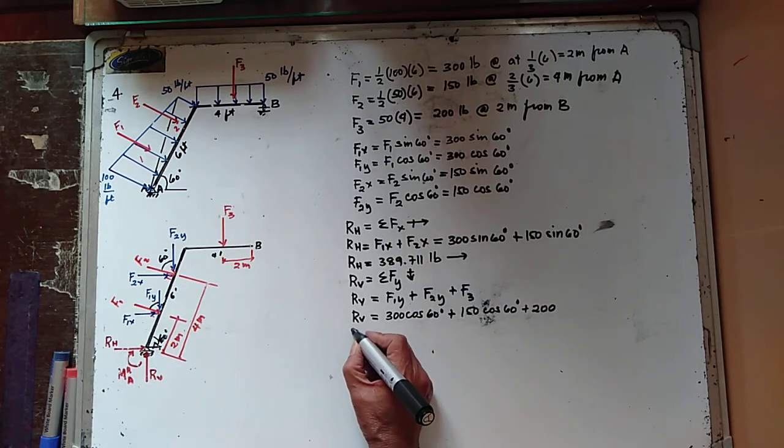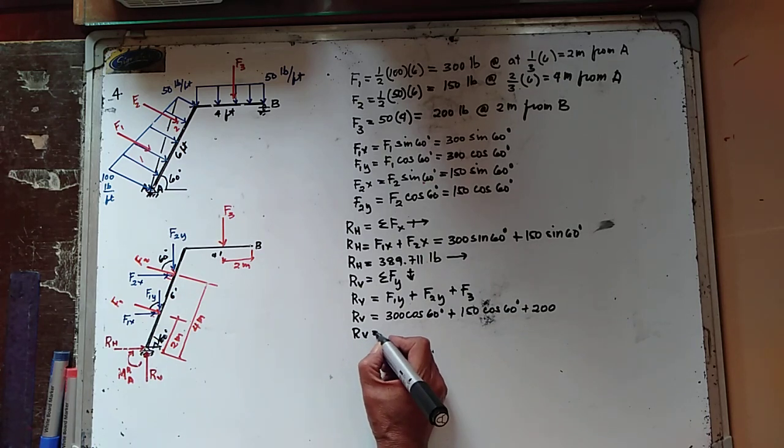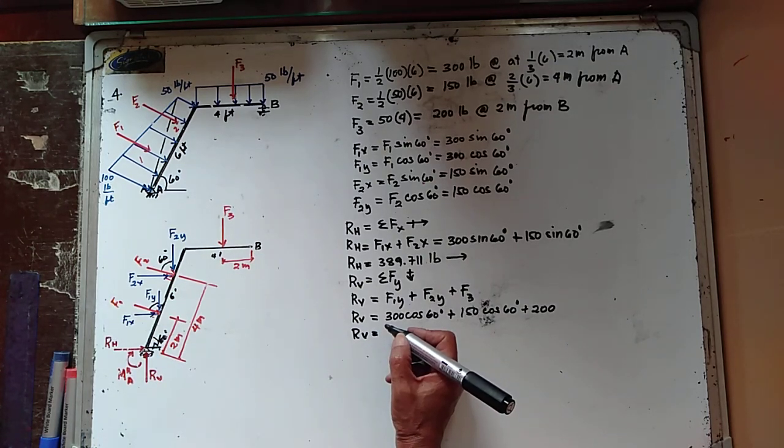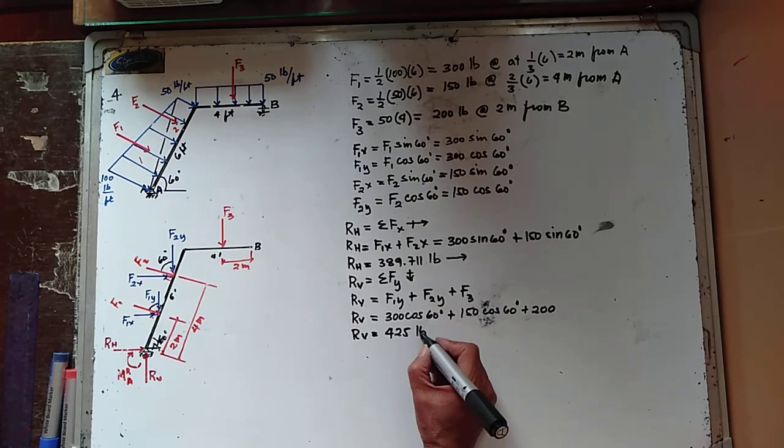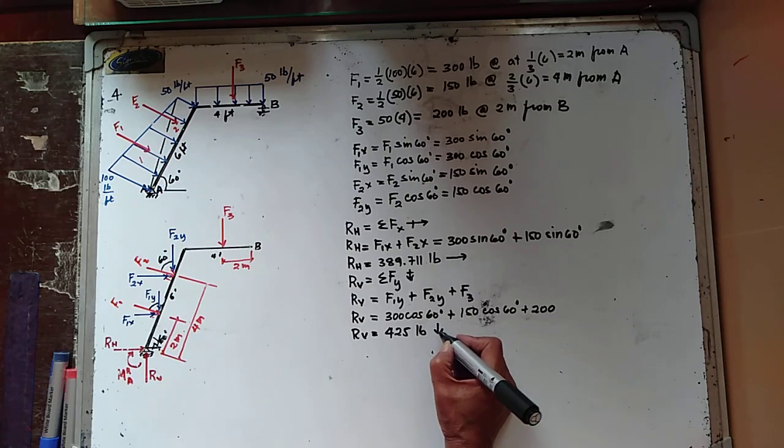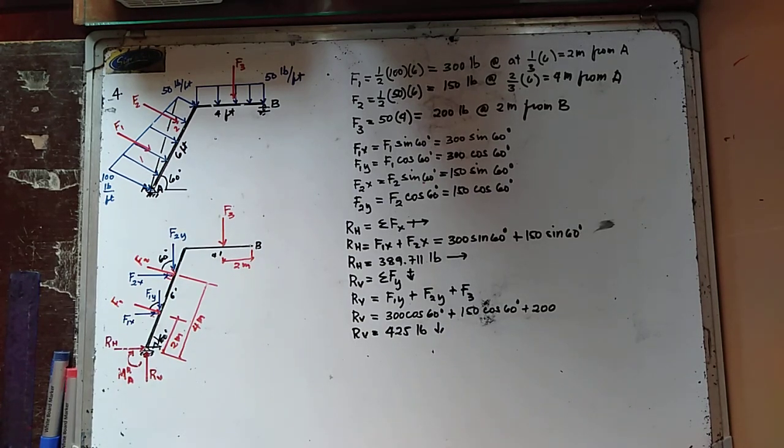So your R vertical is now equal to 425 pounds. So that is downward.